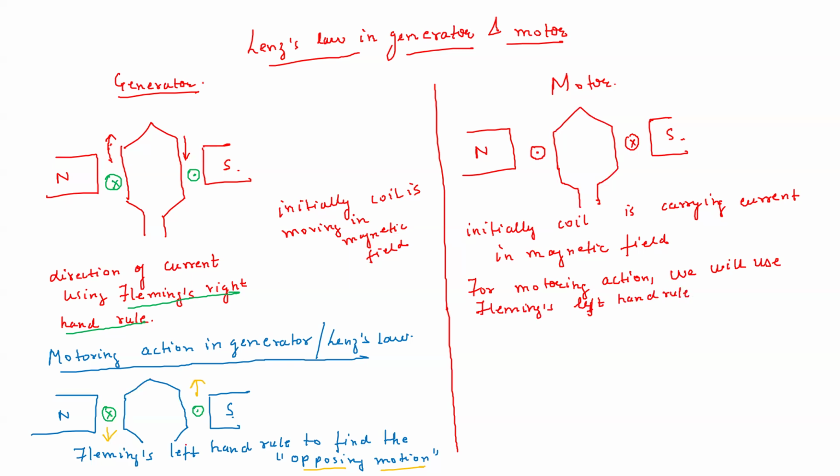If you use Fleming's left hand rule in this case, what will be the direction of motion? In the motor we find the direction of motion using Fleming's left hand rule. Your forefinger pointing the magnetic field is from north to south, and your middle finger is denoting dot. So you will see that the motoring action will start: this conductor will move upward and this conductor will move downward.